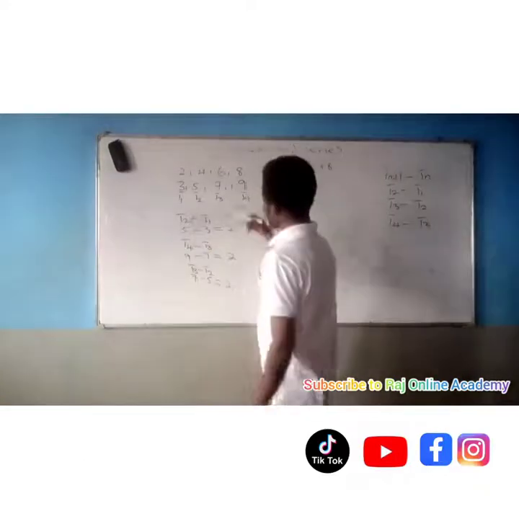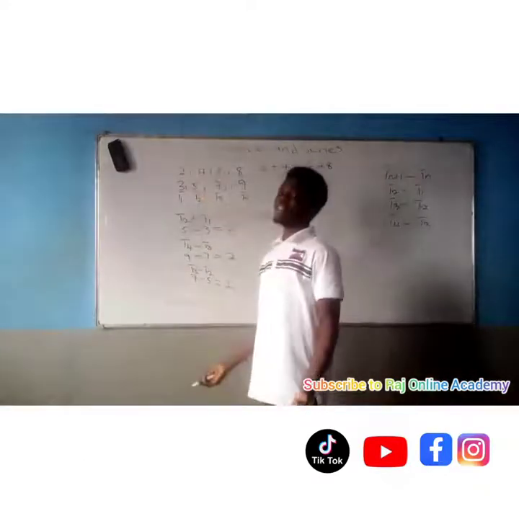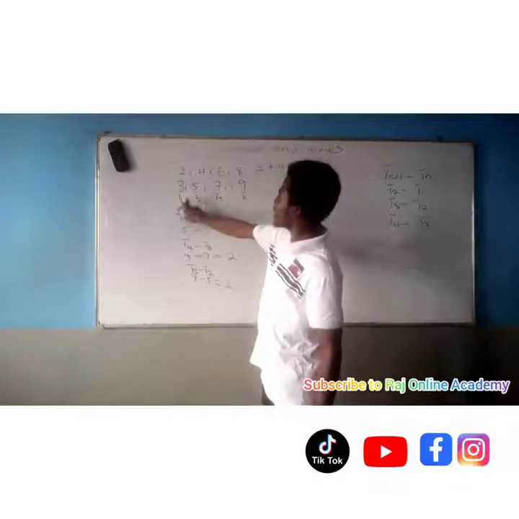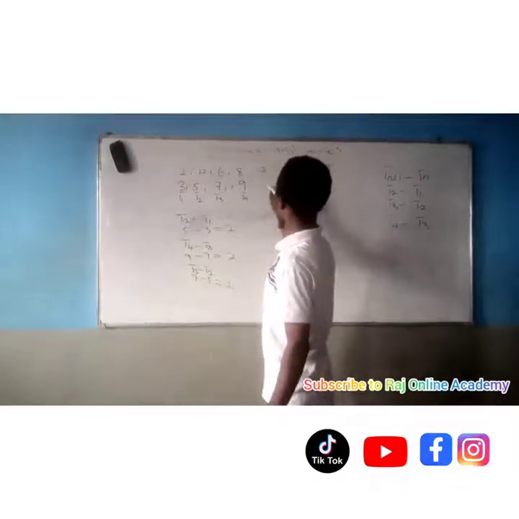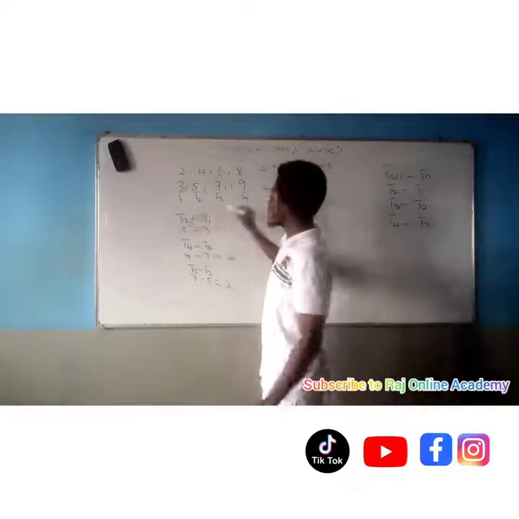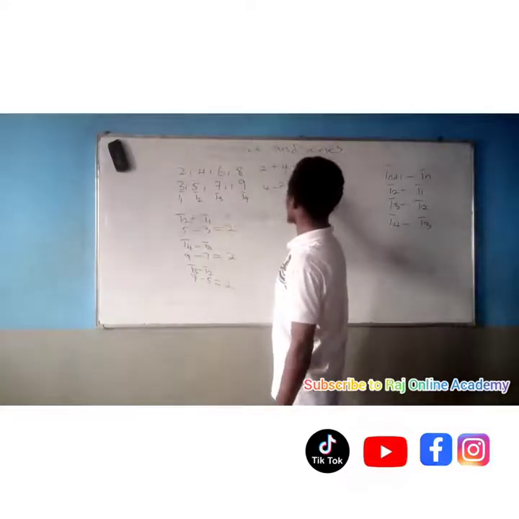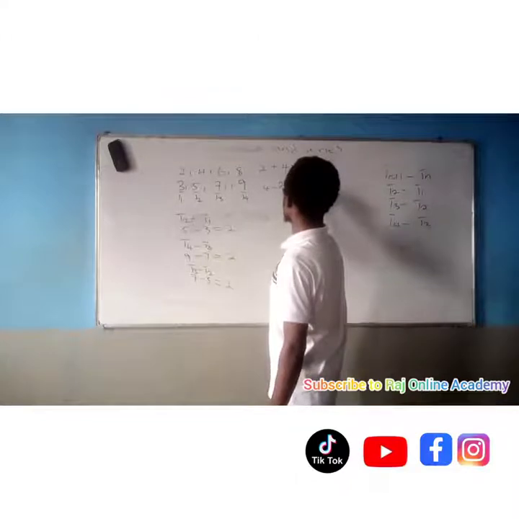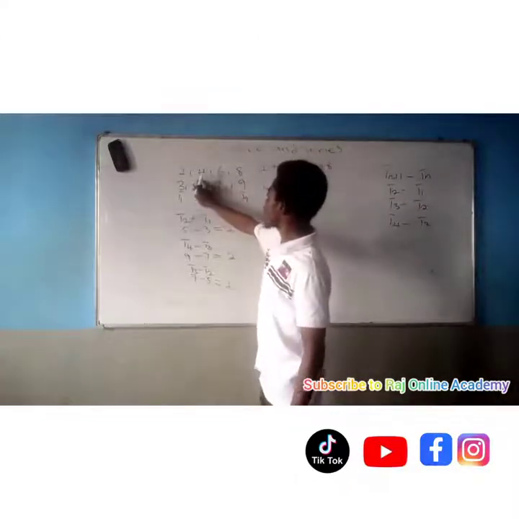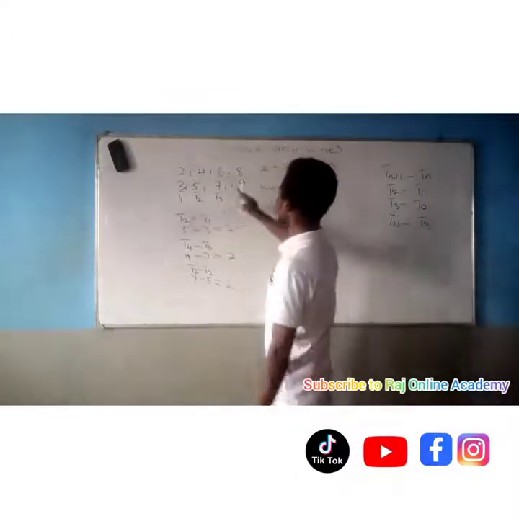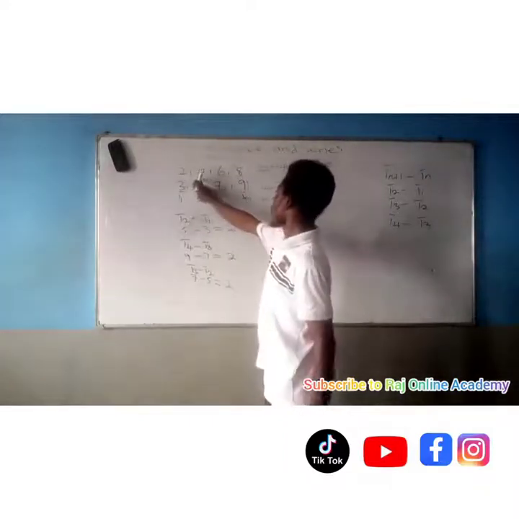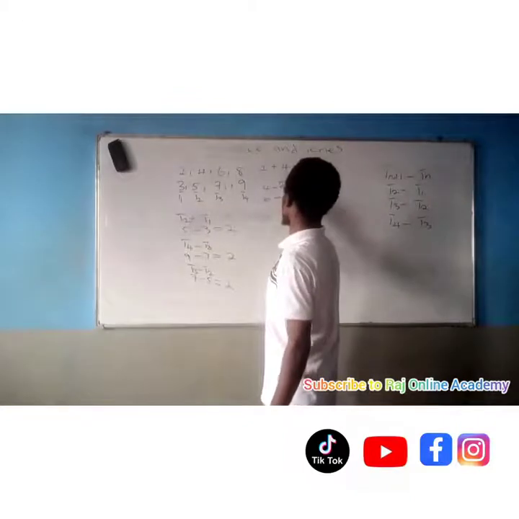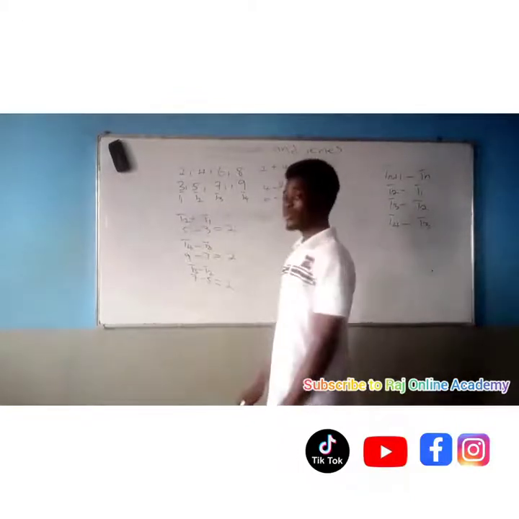Now, let's look at the top. What do we have at the top here? Also T2 minus T1. T2 is 4 minus T1, which is 2, and 4 minus 2 is equal to 2. Let's take T3 minus T2. T3 is 6 minus T2, which is 4. This is equal to 2.